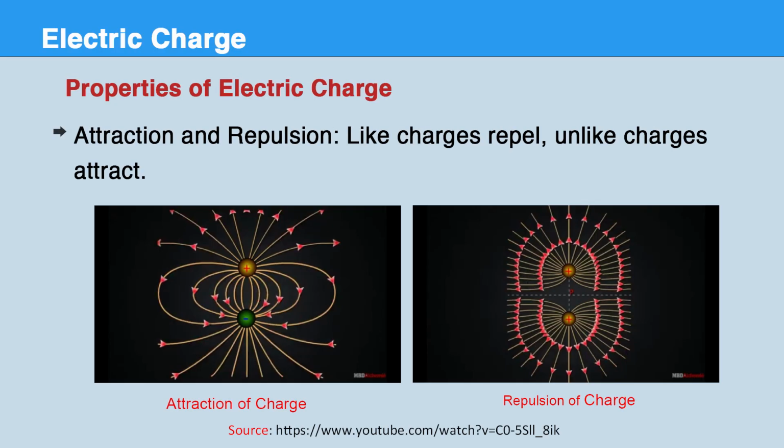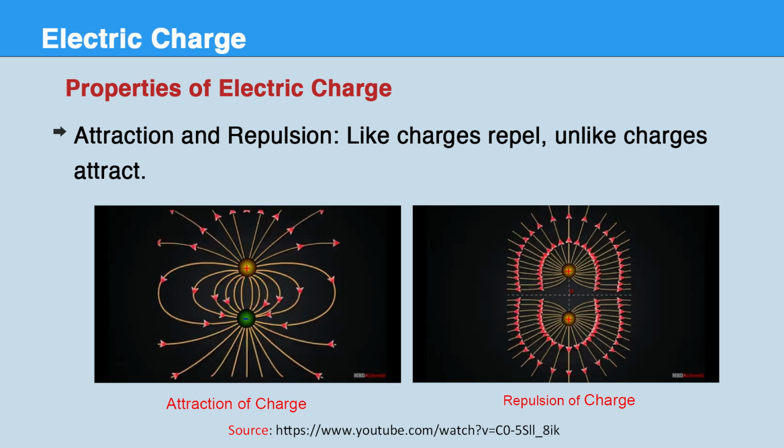So, interaction means attraction or repulsion. It is the fun part. Charges love to interact with each other. Here is the simple rule: like charges repel and opposite charges attract.